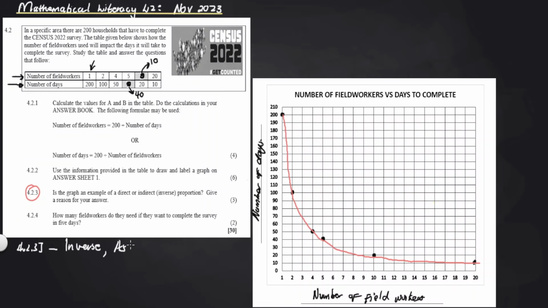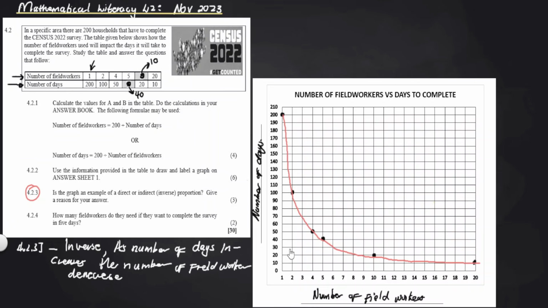So as the number of days increases, the number of field workers decreases.